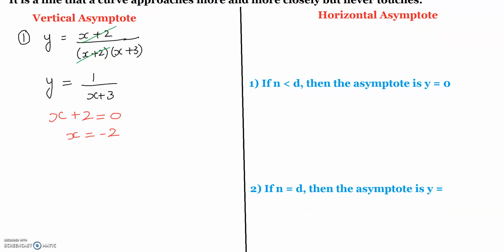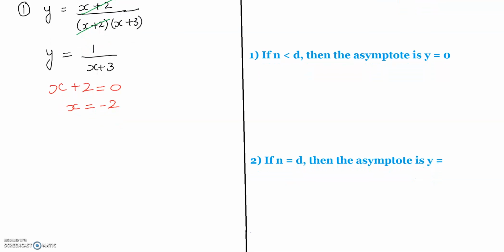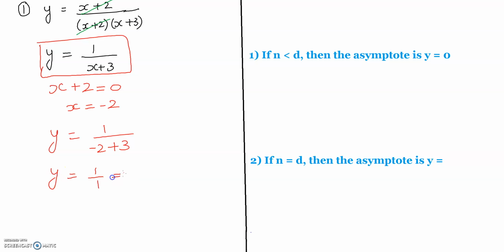Now I will substitute x equal to negative 2 in this equation to solve for y. Minus 2 plus 3 is 1, so y equals 1 over 1, which is 1. Therefore, the hole is at the x value negative 2 and the y value 1.